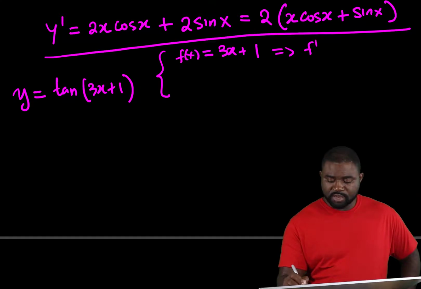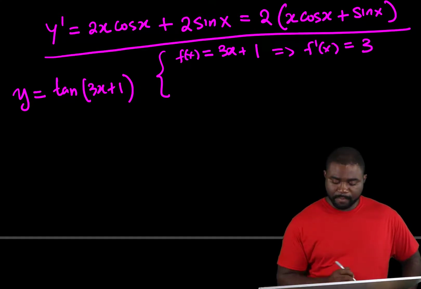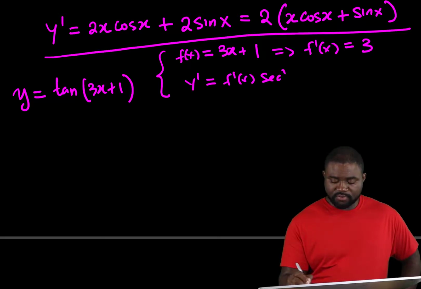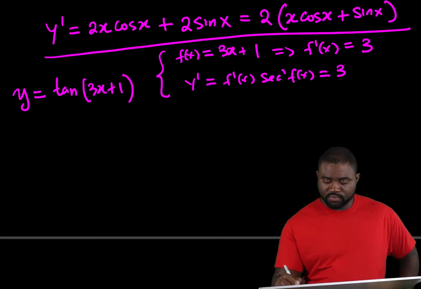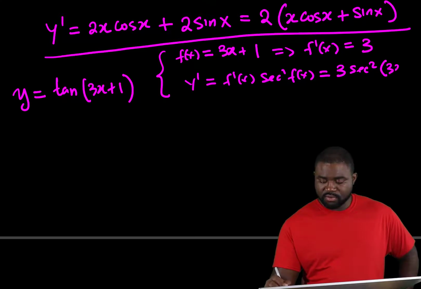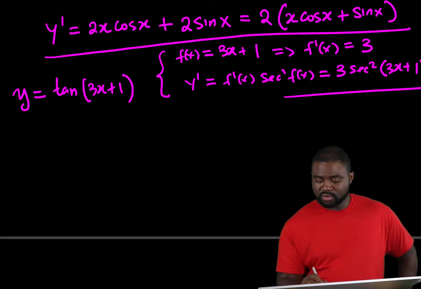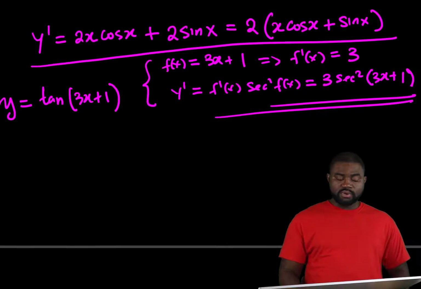This would mean that f prime of x is equal to 3. Now y prime is equal to f prime of x sec squared f of x, which is going to be equal to 3 sec squared of (3x plus 1), and that will give you your answer.